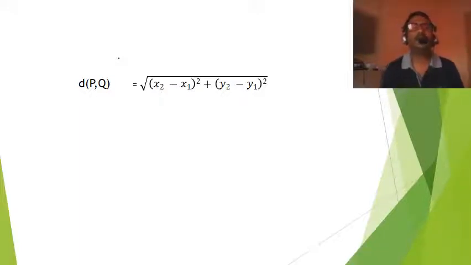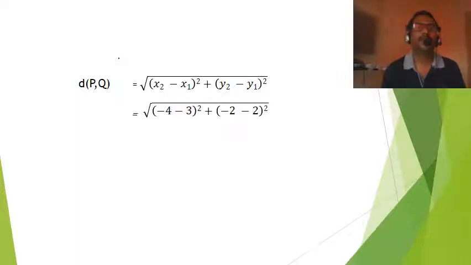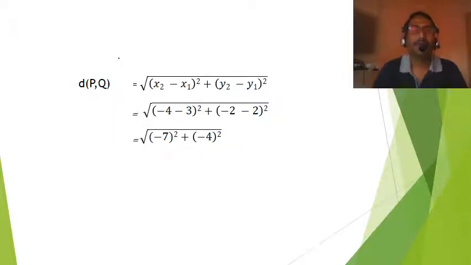We take the coordinates. So we get x2 is -4, x1 is 3, and y2 is -2, and y1 is 2. So we get the square root of (-4 -3) whole square plus (-2 -2) whole square. After calculating this, we get the square root of (-7) whole square plus (-4) whole square.